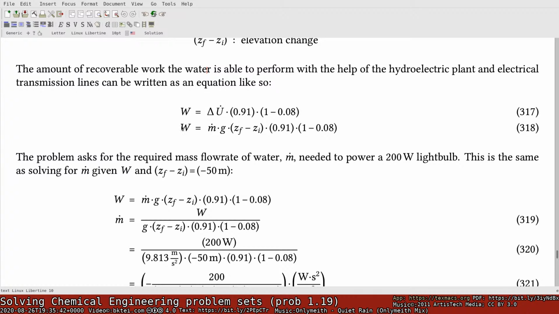W is the amount of work done by the hydroelectric plant, which is negative because it's receiving work, or energy is flowing out of it. Well, it's definitely flowing out of the water, for sure. So the hydroelectric plant, if it receives it, it's a negative.